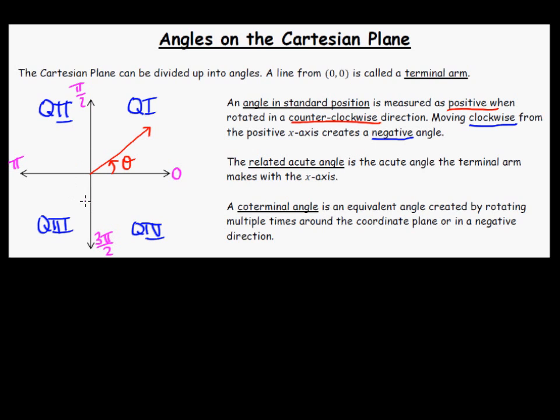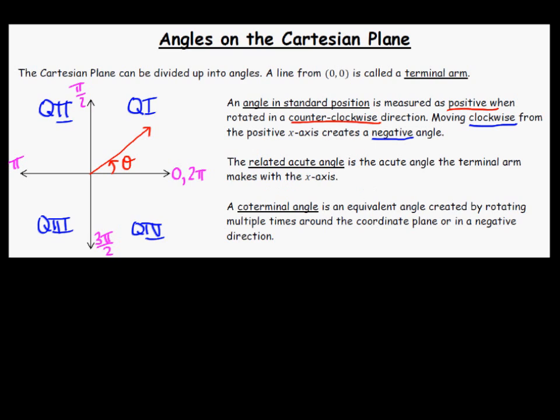And rotating all the way around would give us 4 pi by 2 or 2 pi. So the positive x-axis could be referred to as 0 radians or 2 pi radians. Or, for that matter, 4 pi radians if we rotate around twice, or negative 2 pi radians if we rotate all the way around in the negative direction. All of those would represent this positive x-axis.